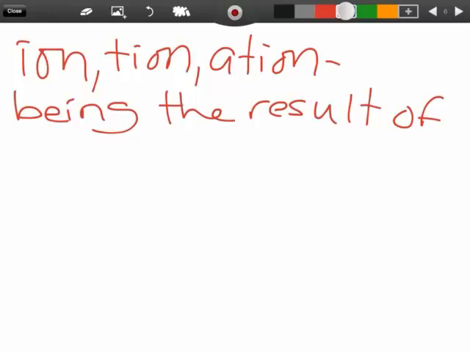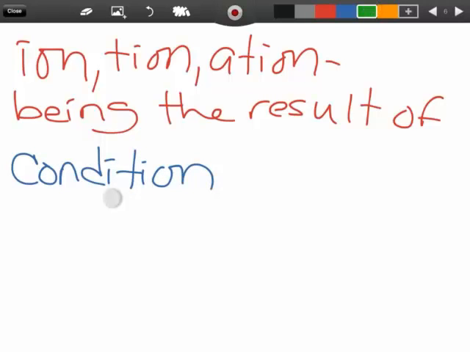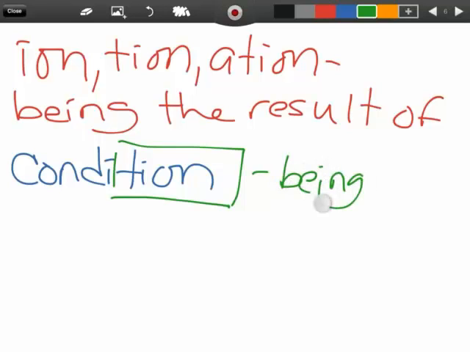Now, let's look at some example words. For example, condition. I'm going to underline the suffix here, condition. And the suffix means being, the result of.